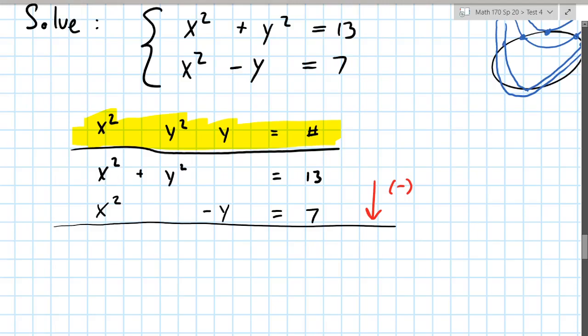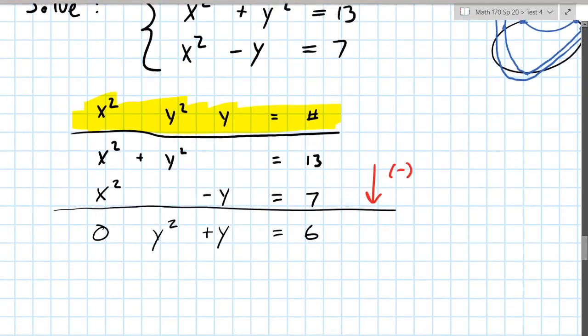So the x squareds cancel out. I've got a y squared. Don't forget, now we have a positive y. And if we have a -7 here, 13 minus 7 is 6. So I'm hoping that we can solve this. We can find the y's that work for this.